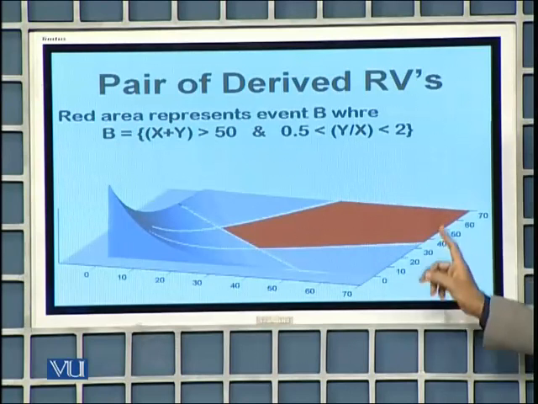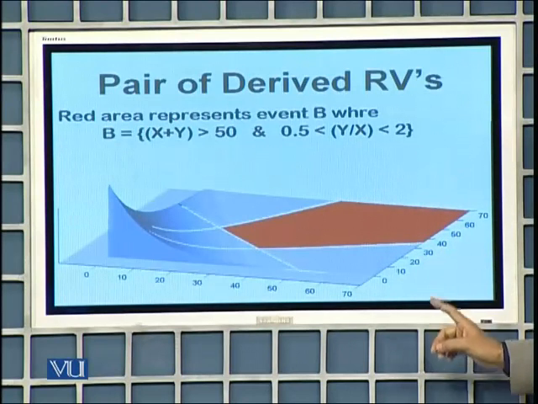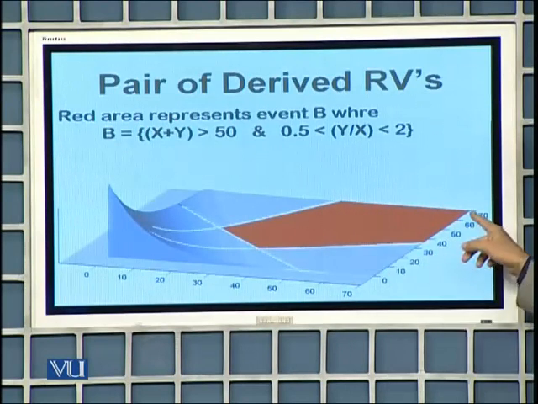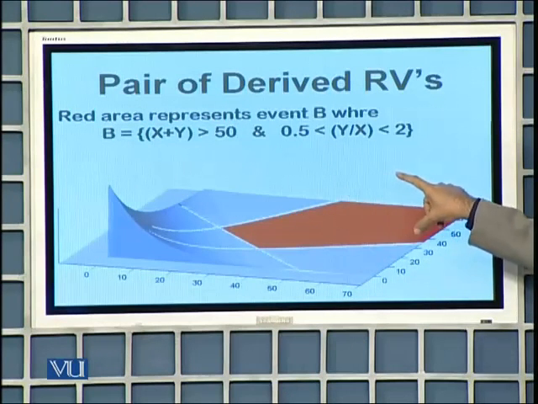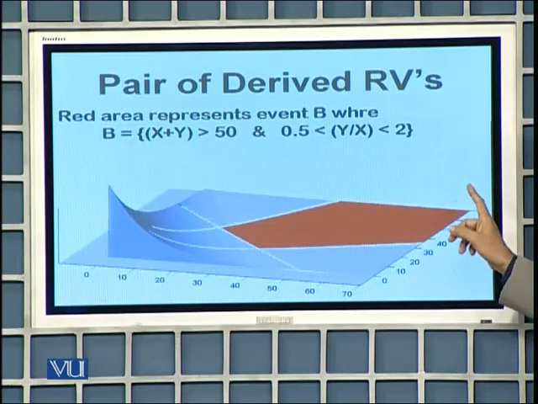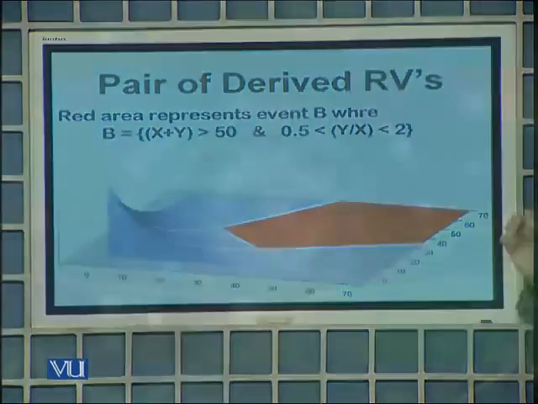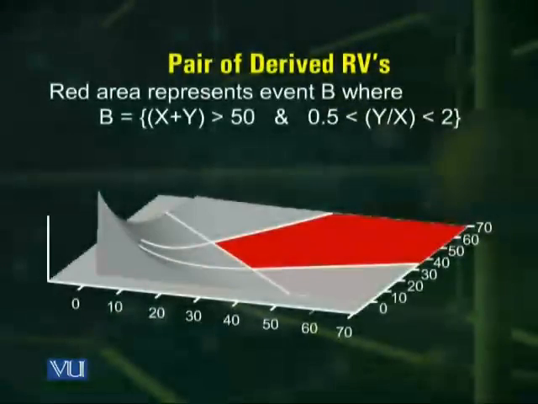So we should integrate the joint PDF of x and y over this region, which keeps on increasing its width and keeps on going till infinity, to find the probability of this event B, which is that the total service time should be more than 50 months and the ratio of two service times should fall between 0.5 and 2.